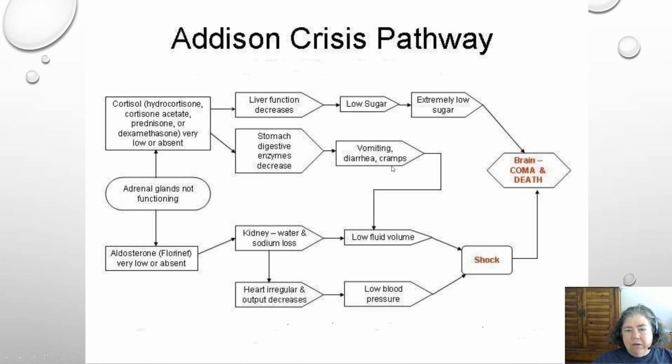Vomiting, diarrhea, cramps leading to dehydration and shock, along with water and sodium loss. And then the problems with electrolytes as well as volume, decreased cardiac output can cause irregular heart rate or arrhythmias, and again, low blood pressure, shock, coma, and death.